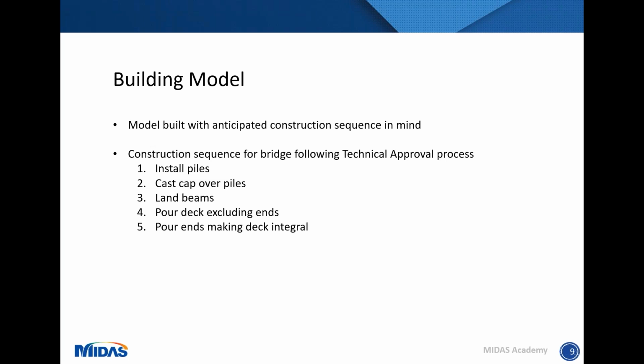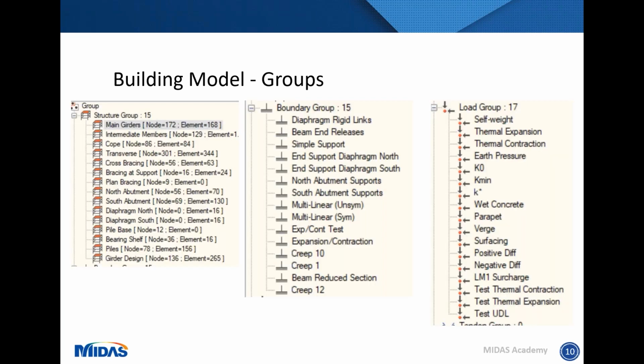A key aspect when you're using Midas is to make use of the group function within the model. This is quite a powerful tool for helping you create a model where you're having to use construction stages.